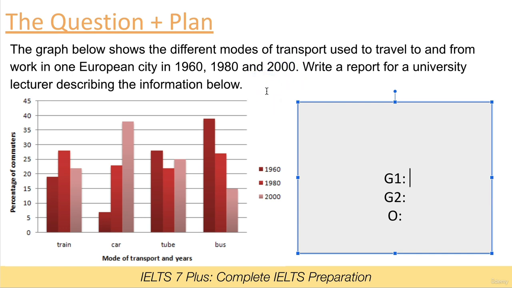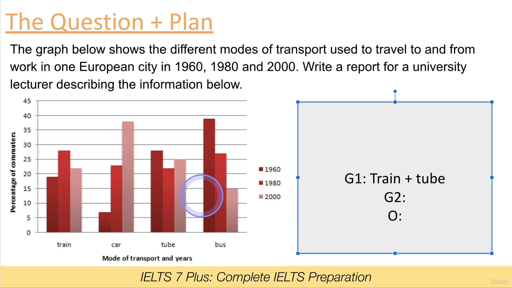We have train and tube. Well, train and tube are sort of jumping out to me because they're in a similar range in terms of numbers, ballpark range. So we could maybe compare the two, and they're quite similar forms of transport as well.